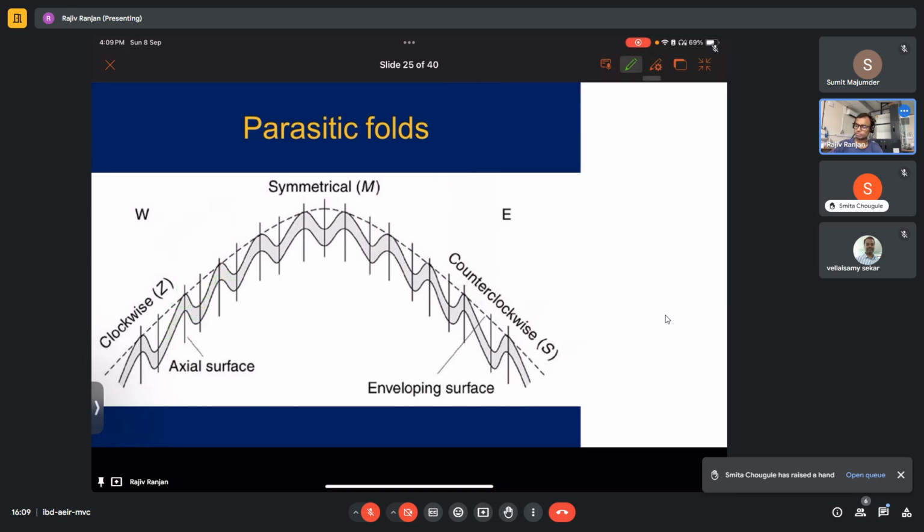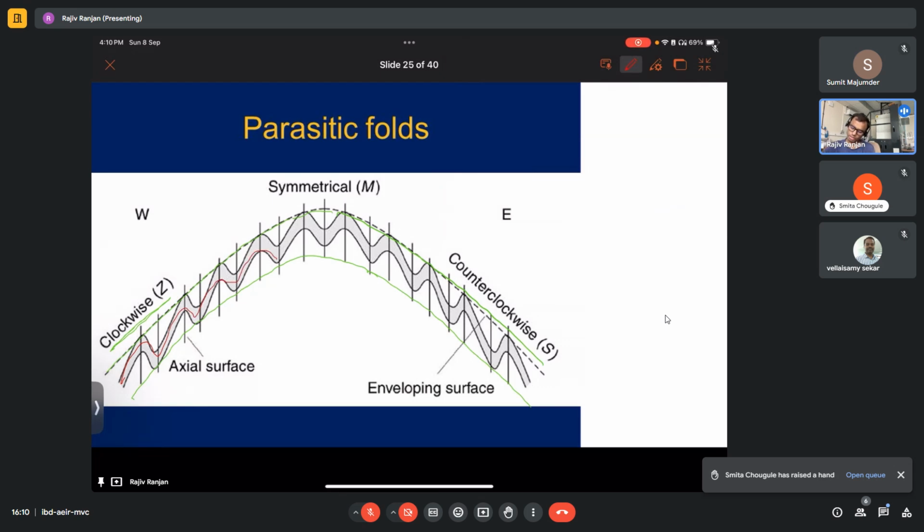Now, there are versions. You can see this larger one, and these are smaller ones.